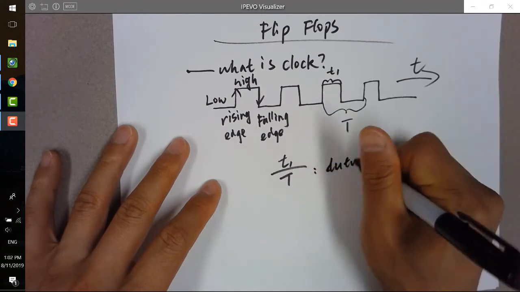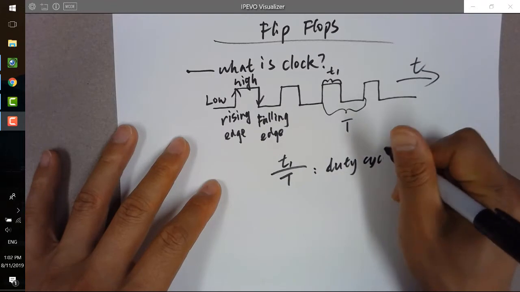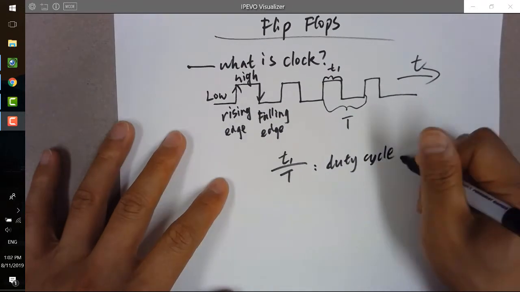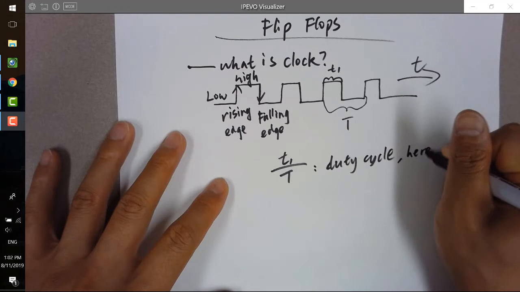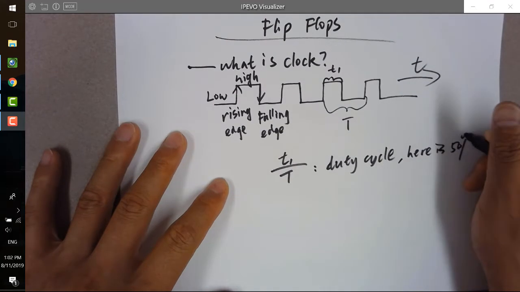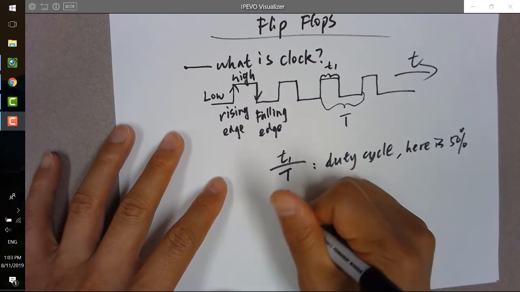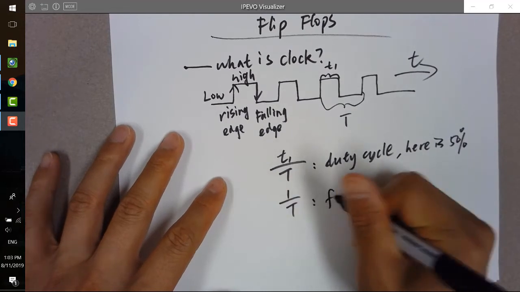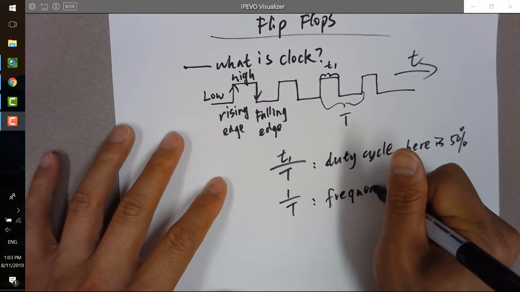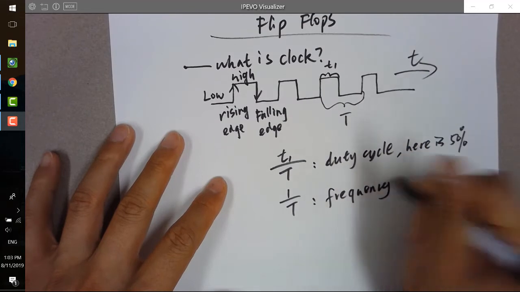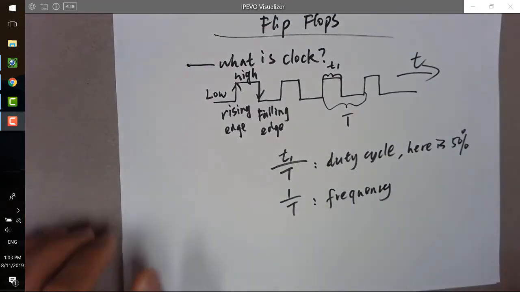You may have heard this somewhere else. Here, the duty cycle is 50%. And 1 over T is called the frequency of the clock.